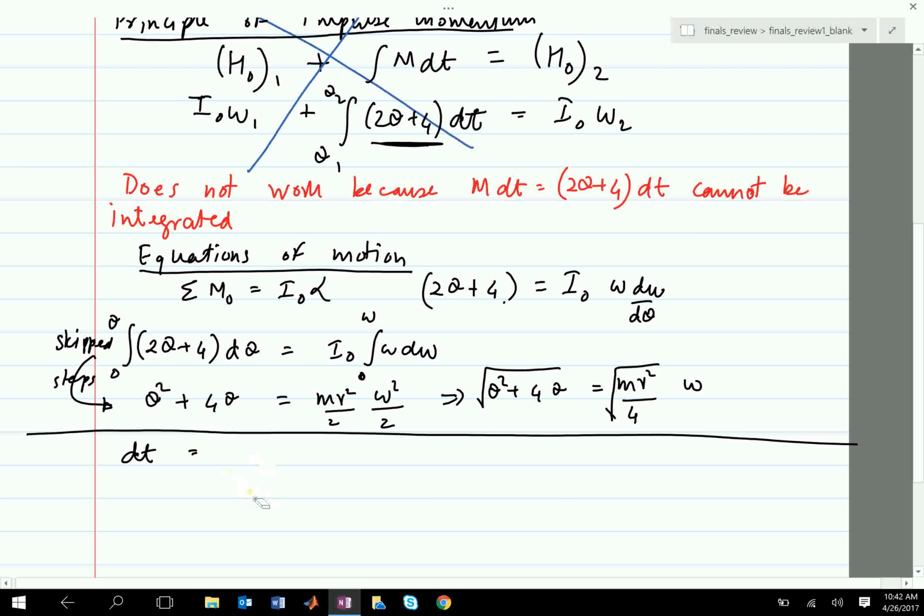Now I wrote this omega as, and now I'm going to move the dt to the left and theta square plus 4 theta down. So dt is, this better?